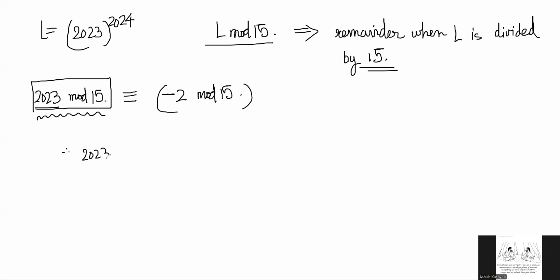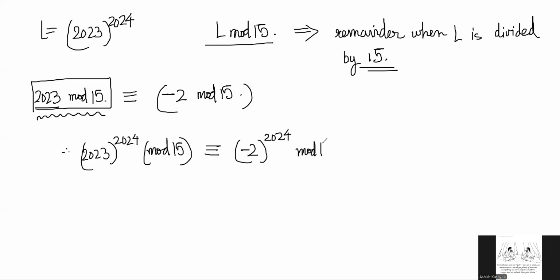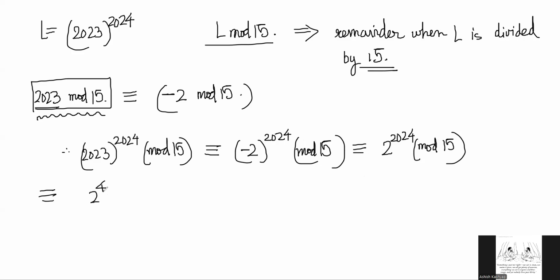Therefore, 2023 to the power 2024 mod 15 is going to be congruent to minus 2 to the power 2024 mod 15. And now that is the same as 2 power 2024 mod 15. And we can write that as 2024 is divisible by 4. So this is 2 power 4 times 2 power 506 mod 15, right?